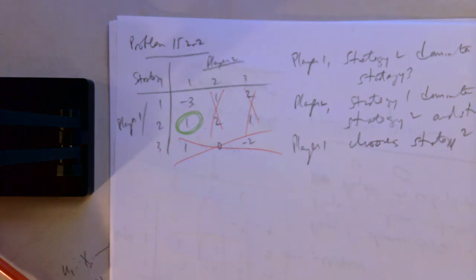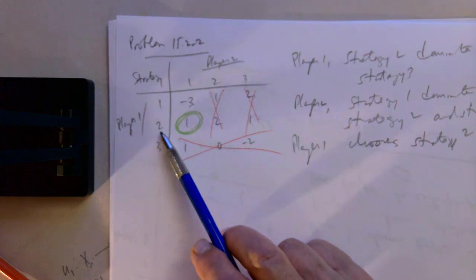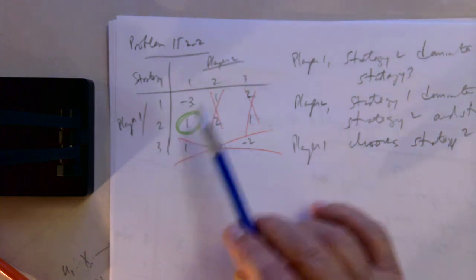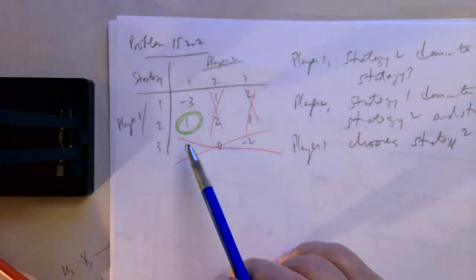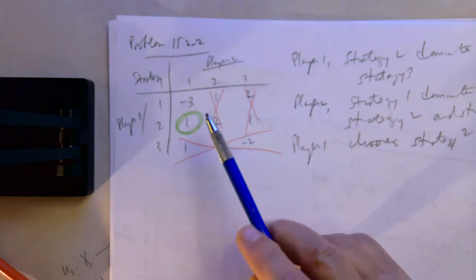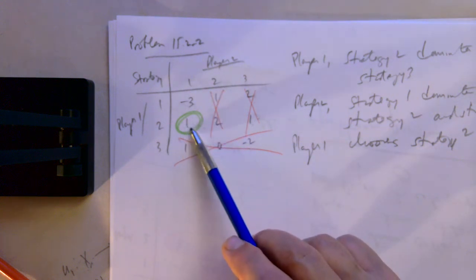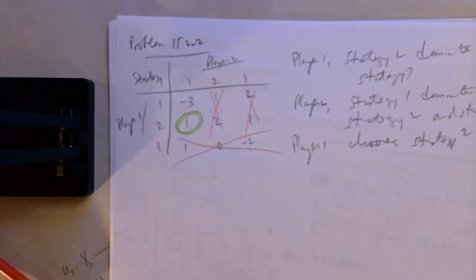So the best strategy for each player: player 2 chooses strategy 1, player 1 chooses strategy 2, player 1 wins 1, and player 2 loses 1. But that's the best that either player can do. There's no way that player 2 can do better than just losing 1, and there's no way that player 1 can do better than winning 1.